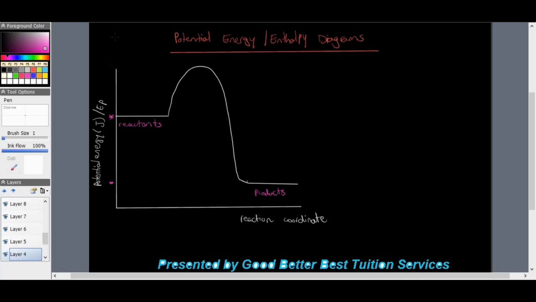What I want to do is extend this line from my reactants quickly. I'm going to extend it in the straightest line possible. There we go.